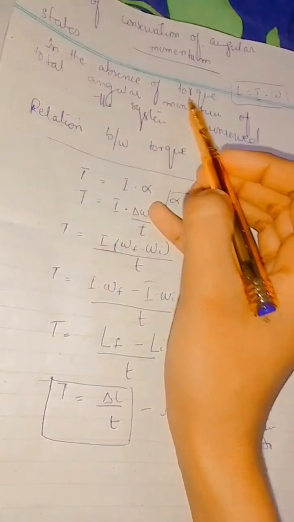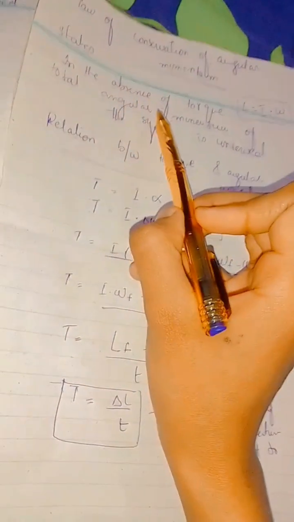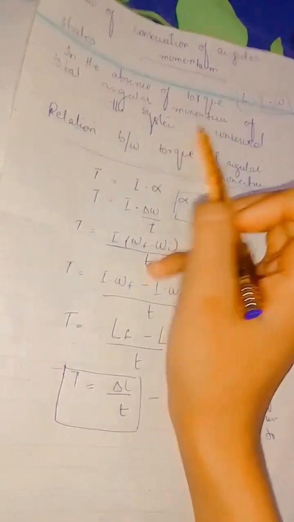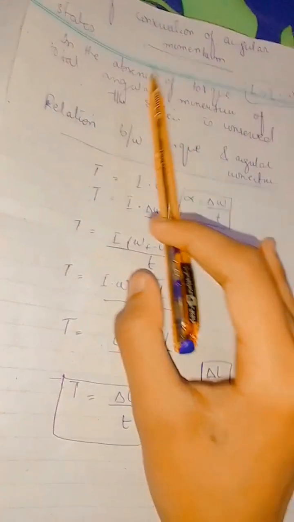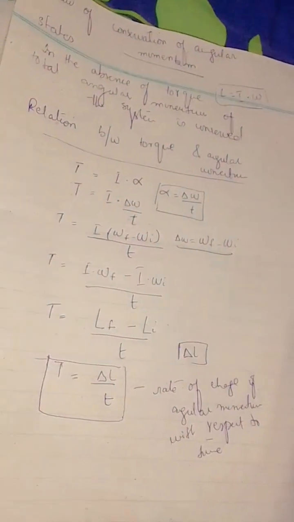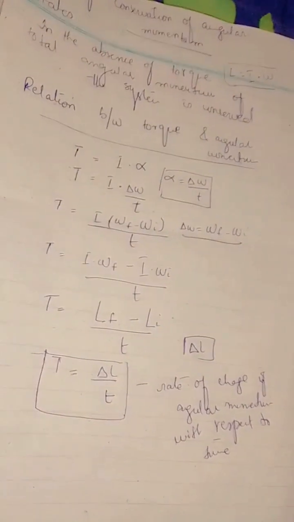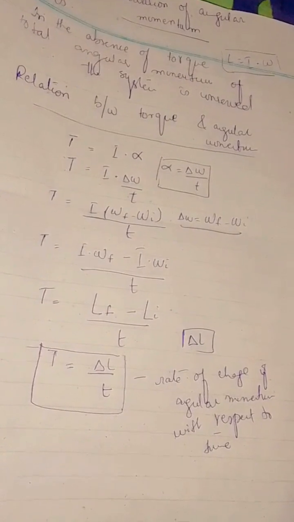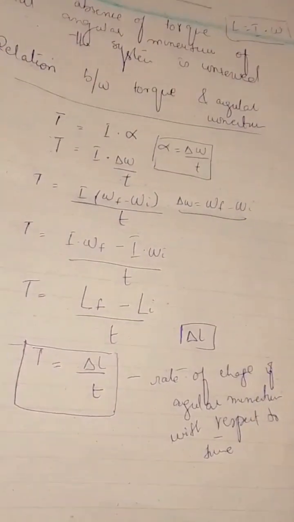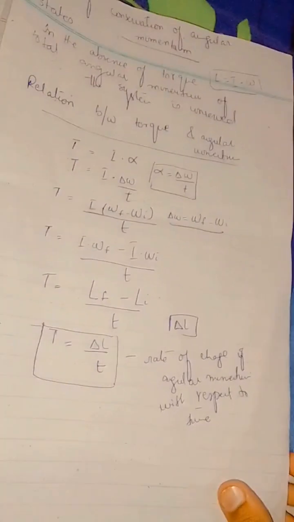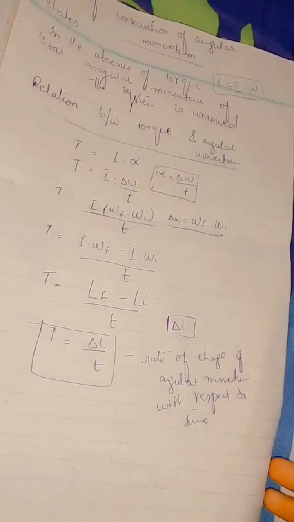Now what was the statement? In the absence of torque, the total angular momentum of the system is conserved. It means if the torque is absent, the angular momentum will be conserved. Now let's prove that mathematically.